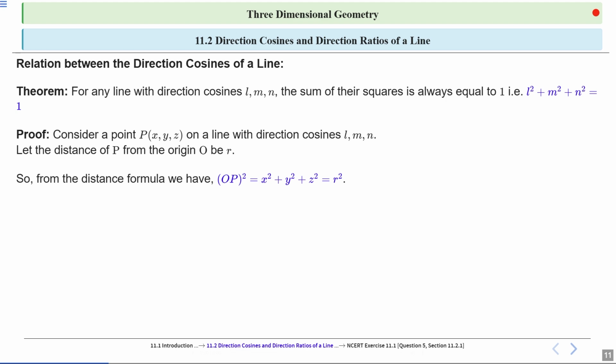Now, using the distance formula, we have OP square equals x square plus y square plus z square, and this is equal to r square. This equation simply comes from the Pythagoras theorem extended to three dimensions.